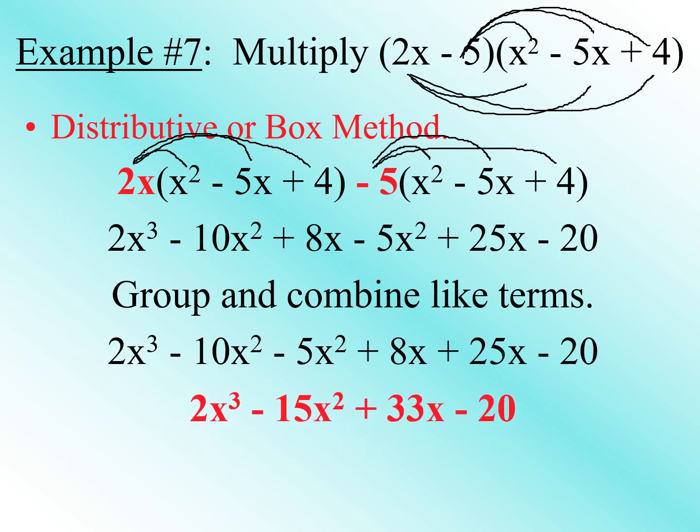We have here the negative 10x squared, and then we also have the negative 5x squared, and then we also have 8x and 25x. So if we're going to simplify them, our final answer would be 2x cubed minus 15x squared plus 33x minus 20. Okay?